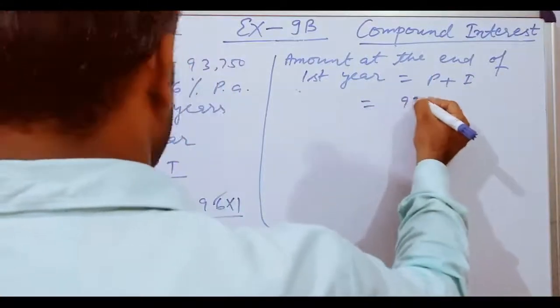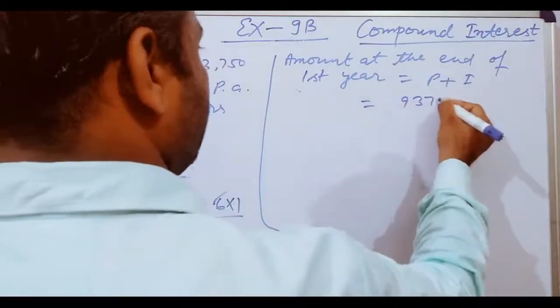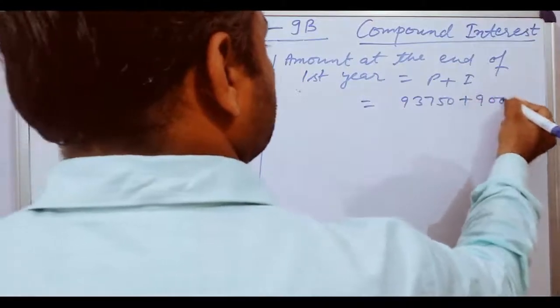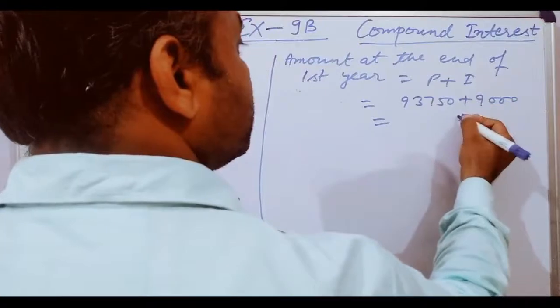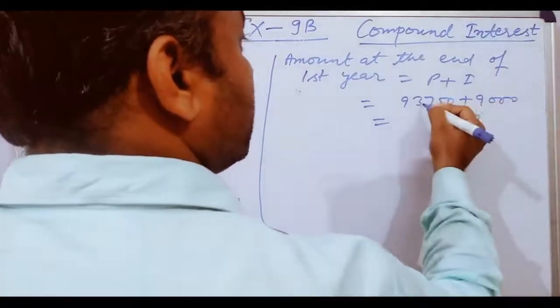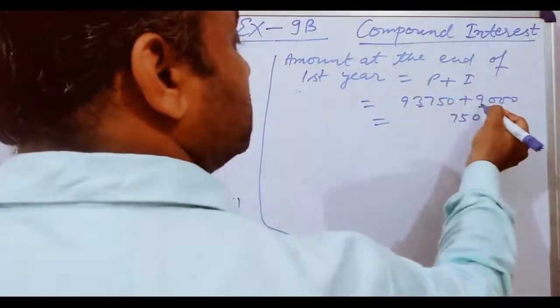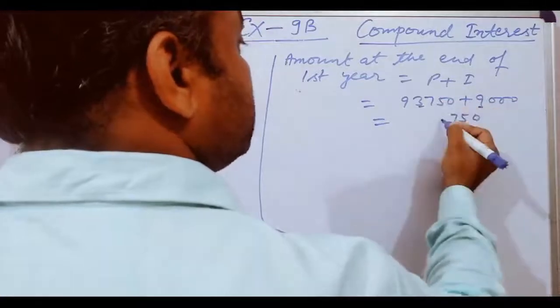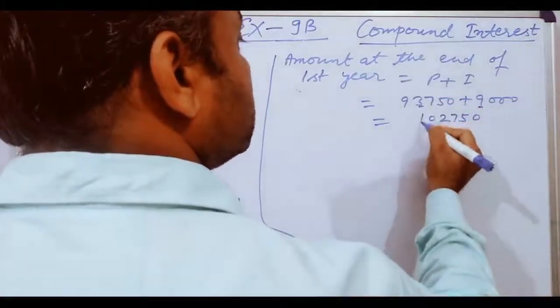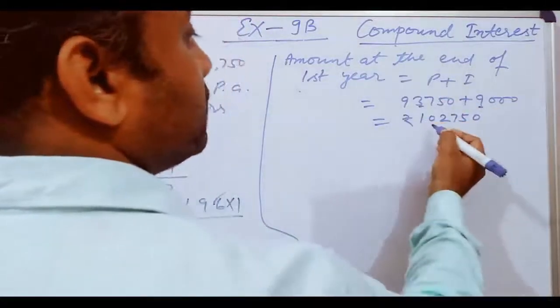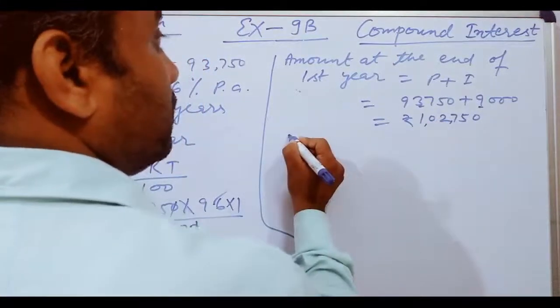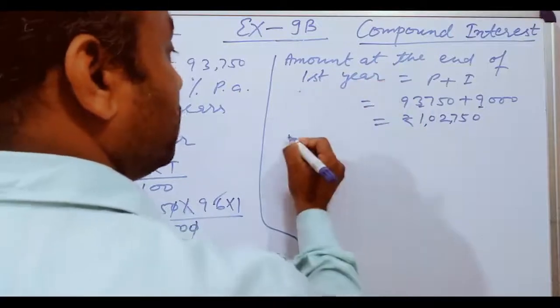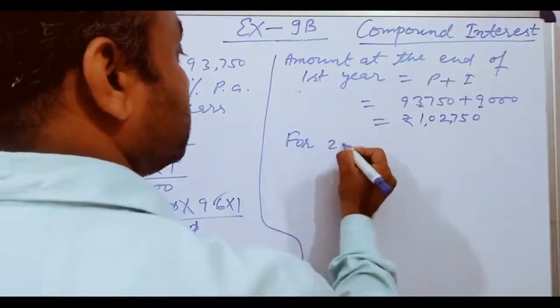Principal 93,750 plus 9,000 is 1,02,750. This is the amount for the second year.